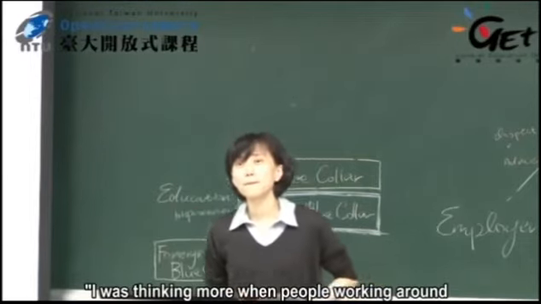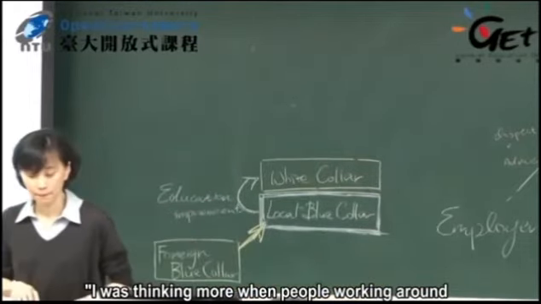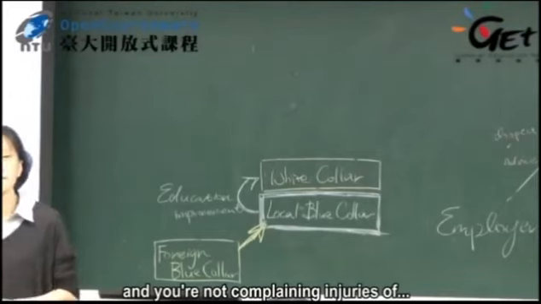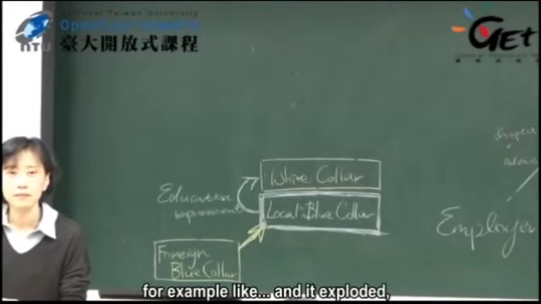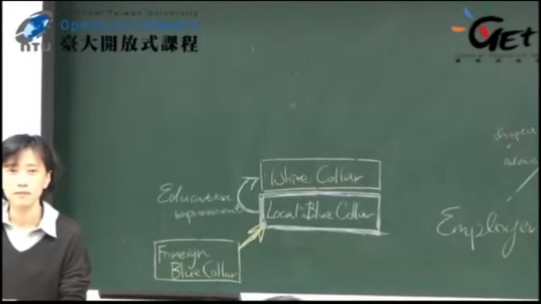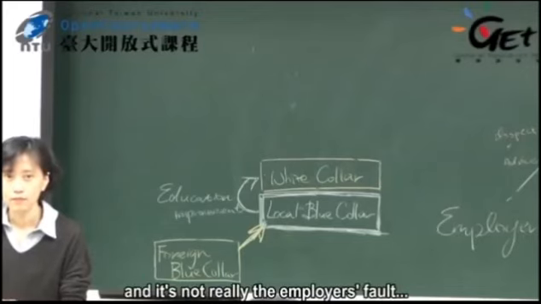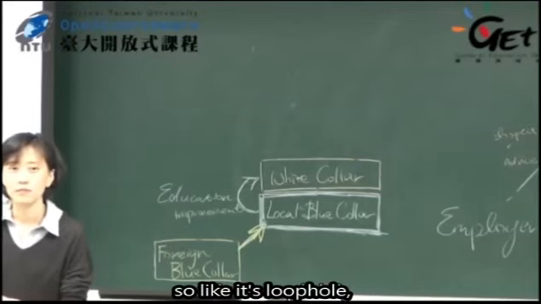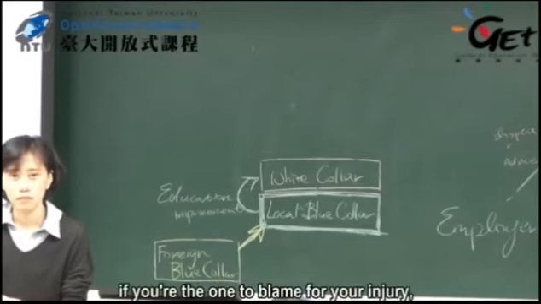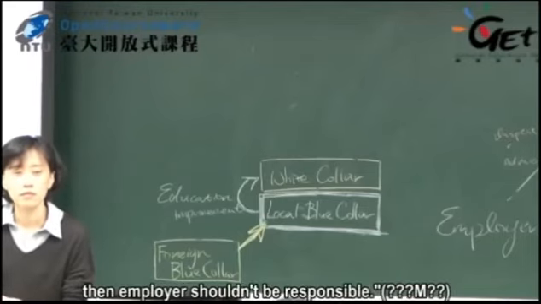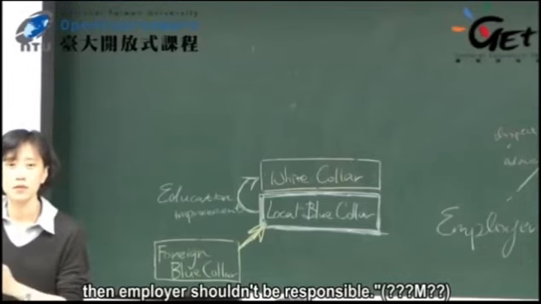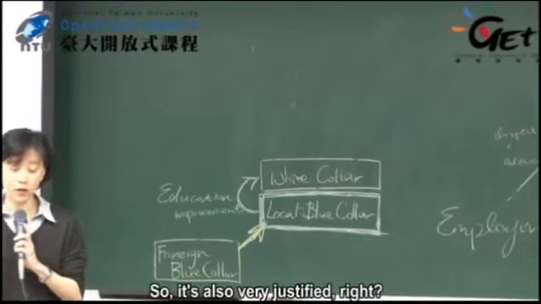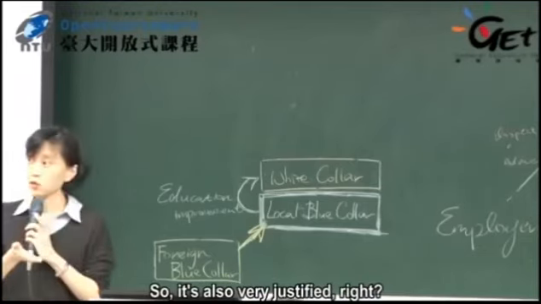I was thinking more along the lines of if you're not obeying the instructions. For example, if you have a physics lab or chemistry lab, and you put chemicals together and create an explosion, it's not really the teacher's fault that the explosion happened. If it's your fault and only your fault, it's very justifiable, right?